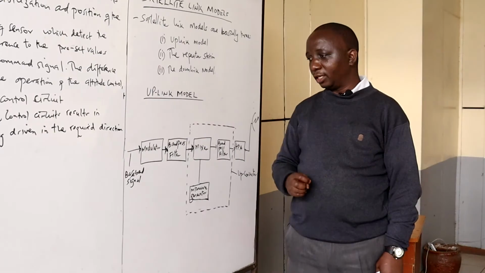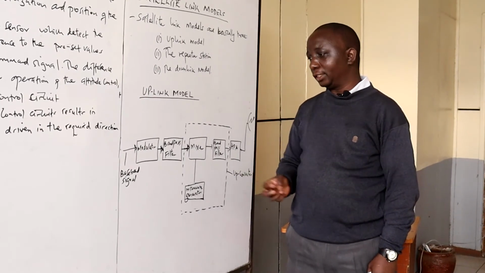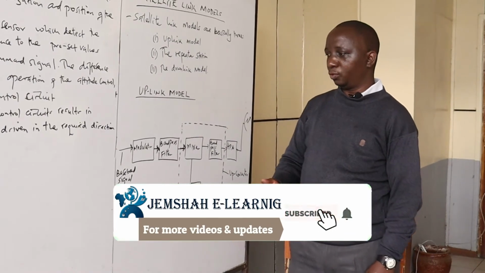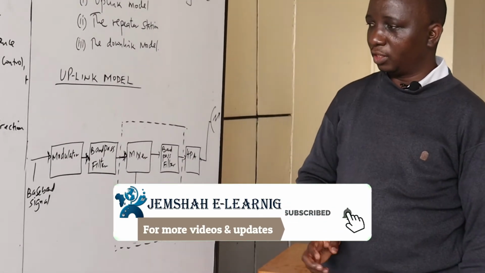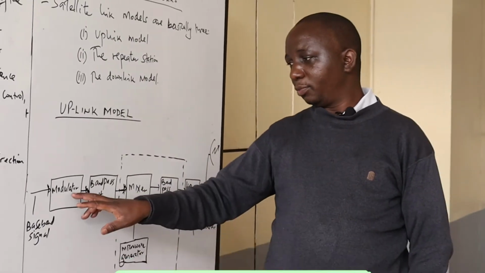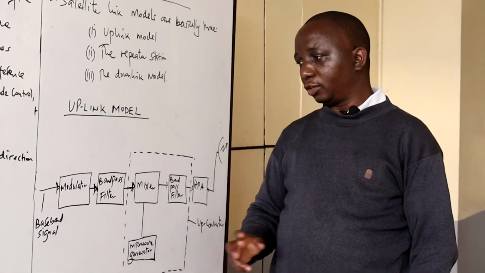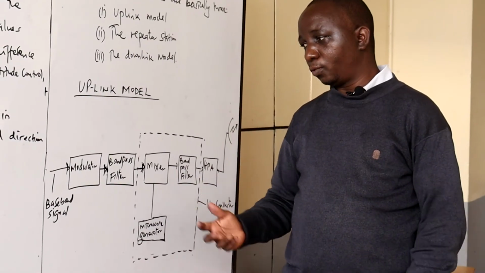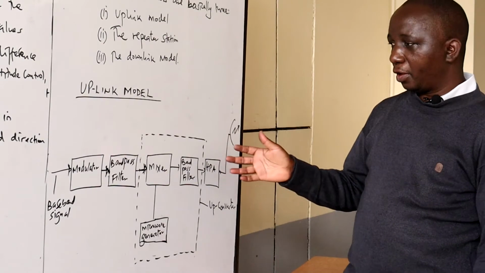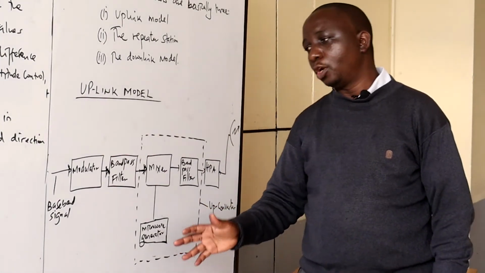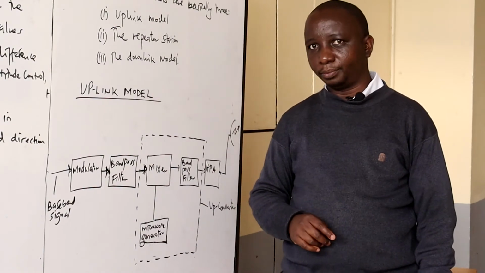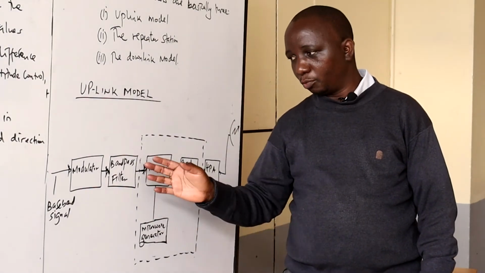And it's basically from voice, data, and any other form of information required to transmit that is already converted into an electrical signal. The modulator modulates and converts that into the required frequency. And after every modulation, there are normally unwanted signals that are generated, and those are filtered by the bandpass filter. The bandpass filter is able to block the unwanted signals.